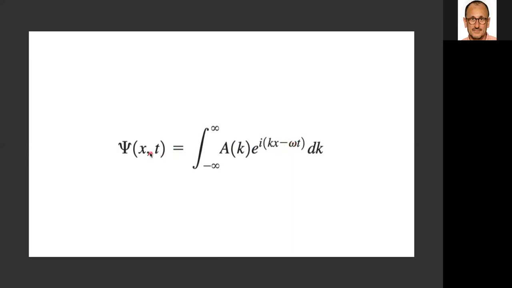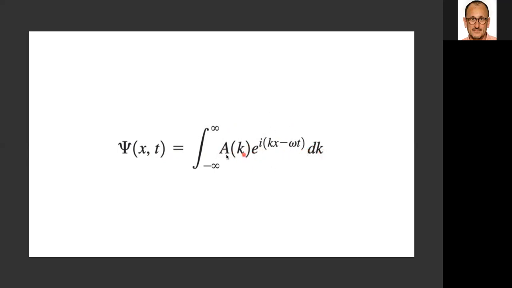And what I'm doing here, instead of summing two wave functions of free particles, I'm summing an infinite number, with a continuous distribution of amplitudes. So this is the amplitude, and this is the wave function for the free particle.